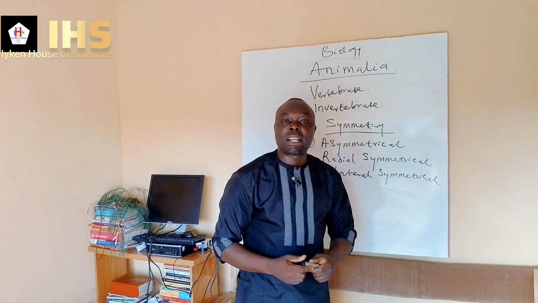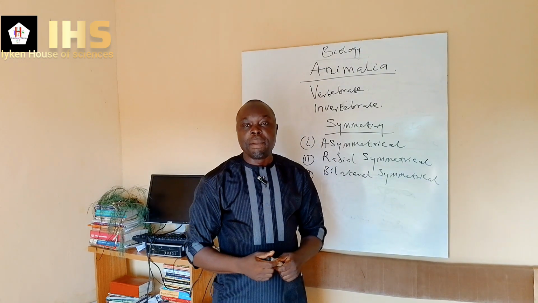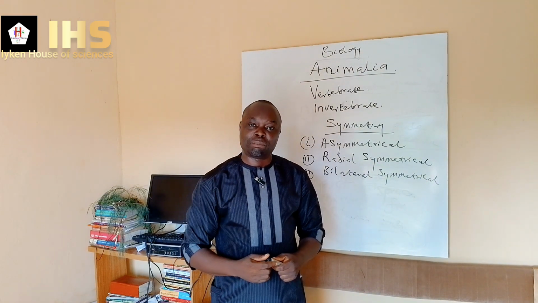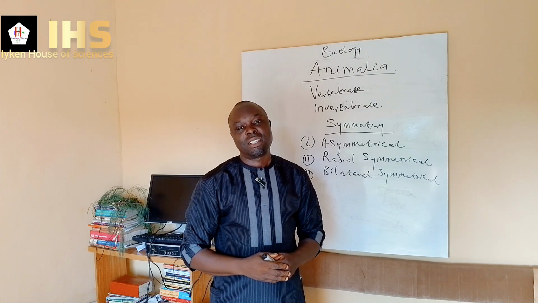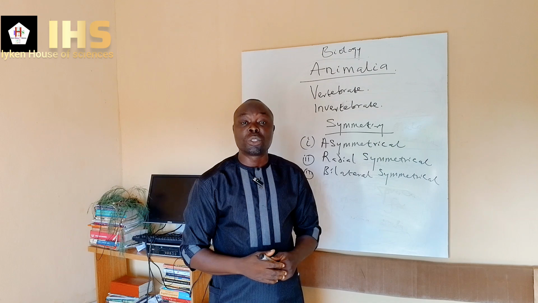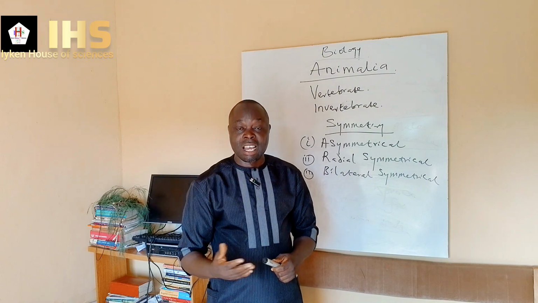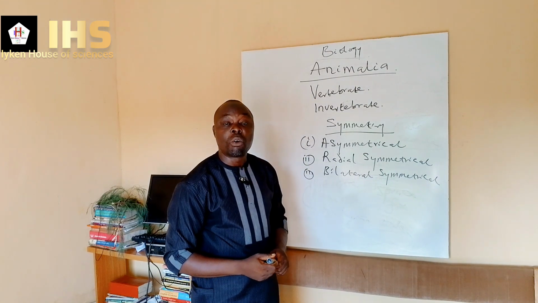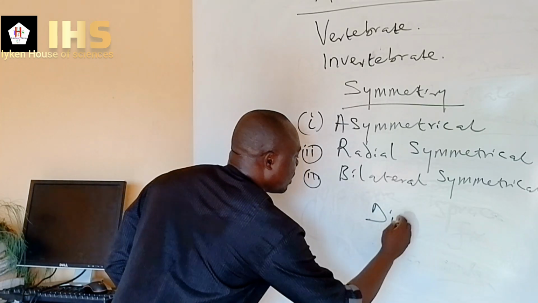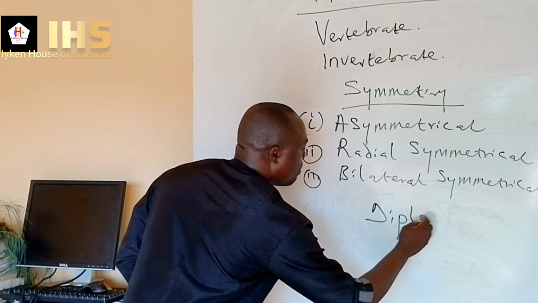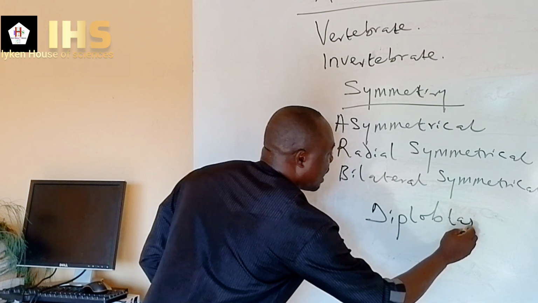We can also classify animals based on the body plan, the number of tissue it contains. Those containing two body layers are said to be diploblastic animal.